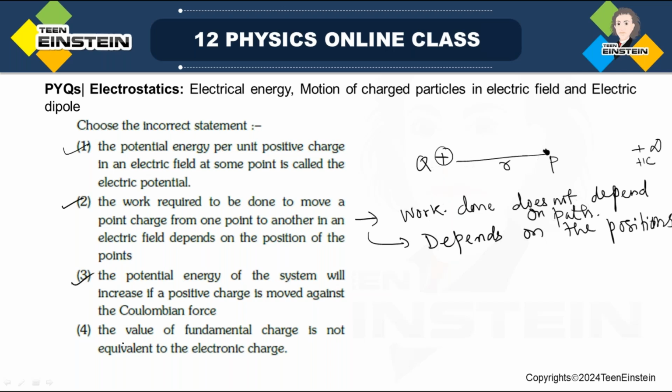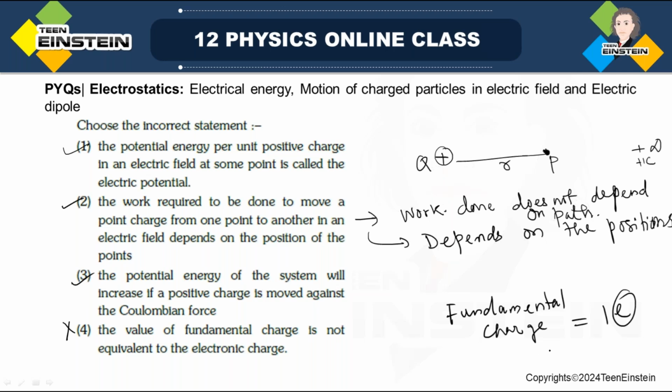Let us see the third option. The value of fundamental charge is not equivalent to the electronic charge. This is actually incorrect. I want to say that fundamental charge is taken equivalent to one electronic charge, or simply e.